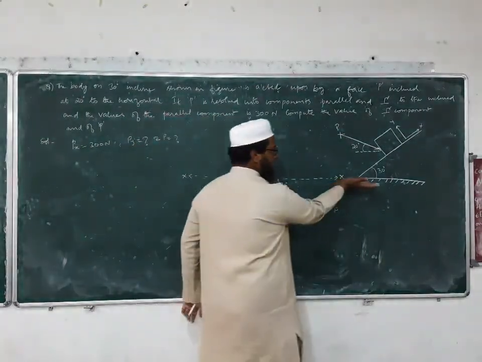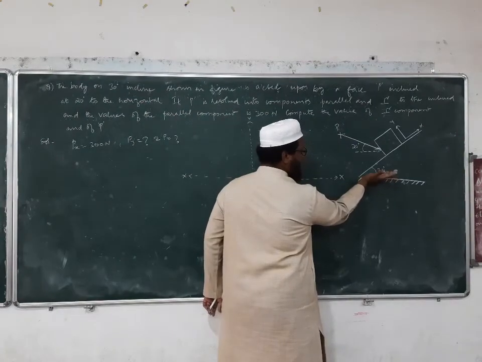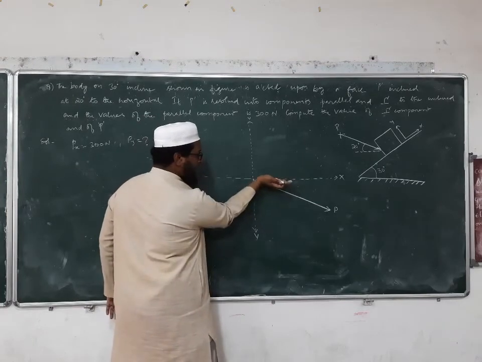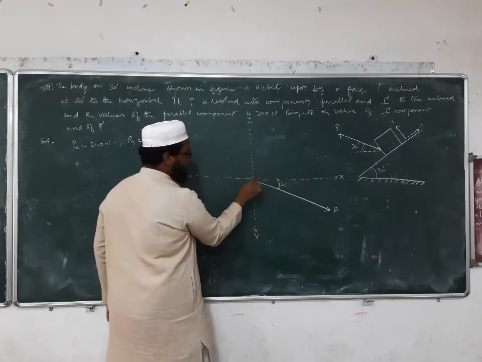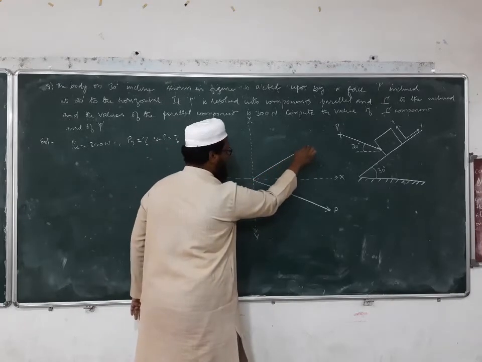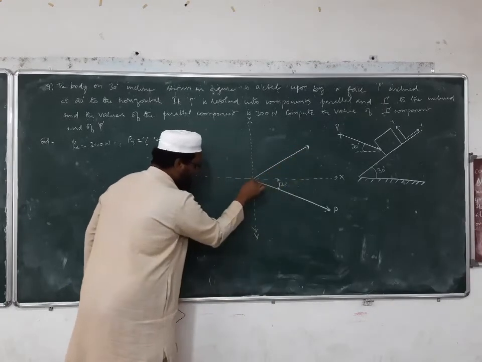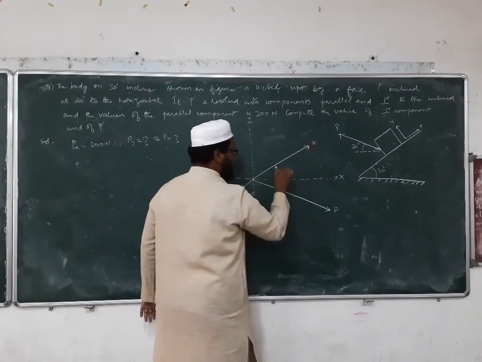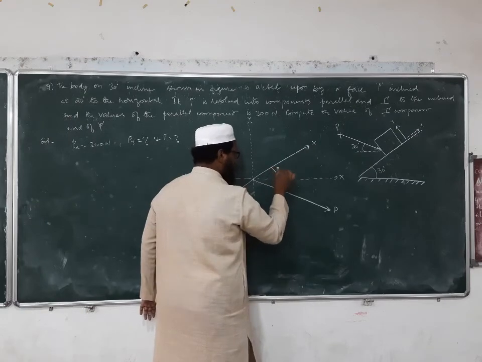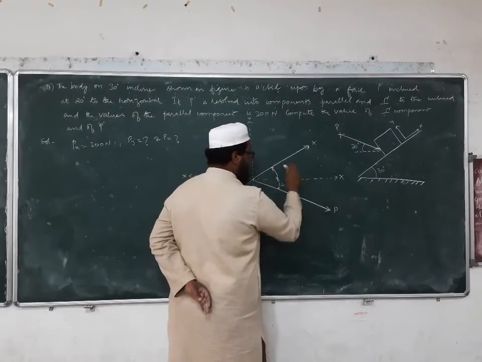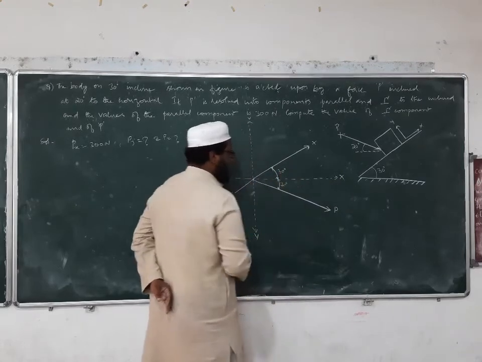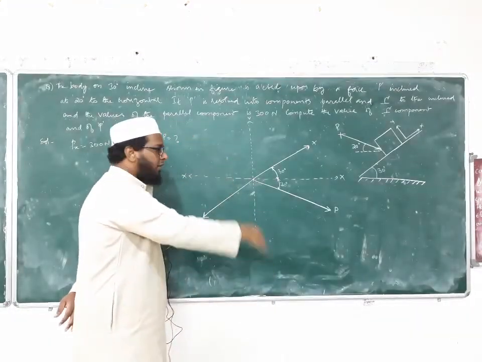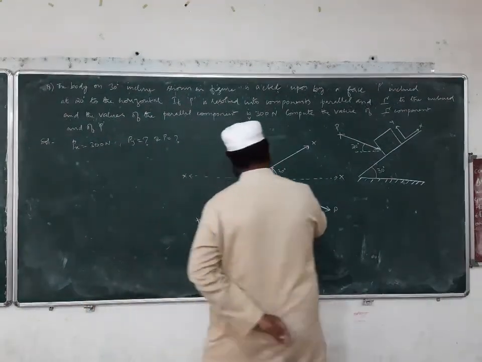How will you rotate? See here, this is my x axis. I will rotate it in the anti-clockwise direction, isn't it? So my x axis will go like this. This is the x axis and it is rotated at an angle of how many degrees now? 30 degrees. Okay. Now I will draw one more line which should be perpendicular to this rotated x axis.